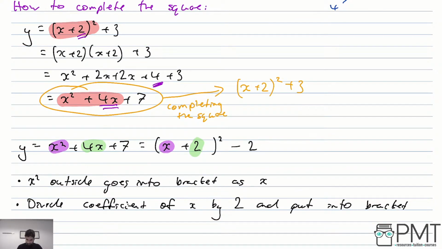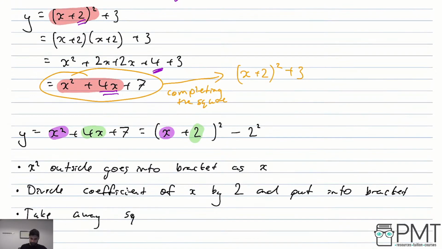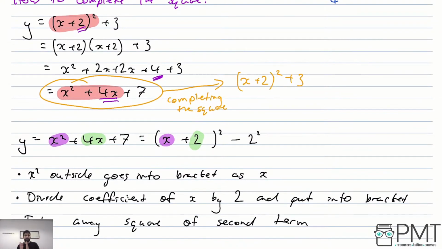I'll just write it as 2 squared, but you know that it's a 4. So you take away the square of the second term. My handwriting is not really nice today, is it? These are always the 3 steps. You don't really have any other way of doing it. So these are the 3 steps you need to apply always.